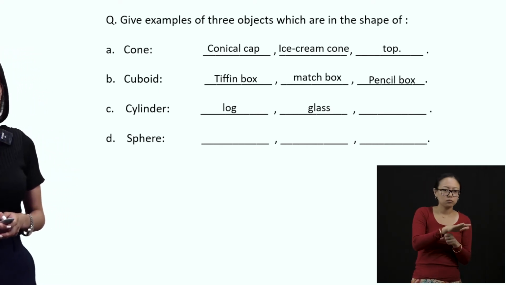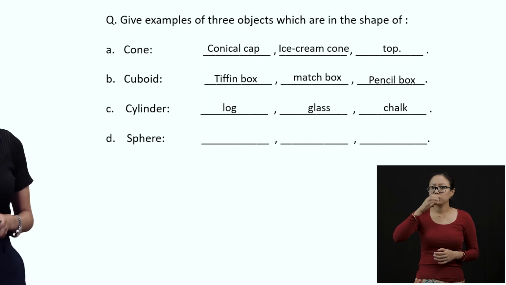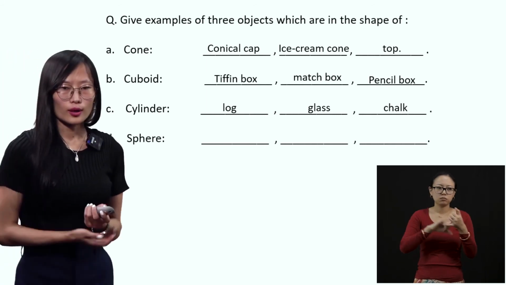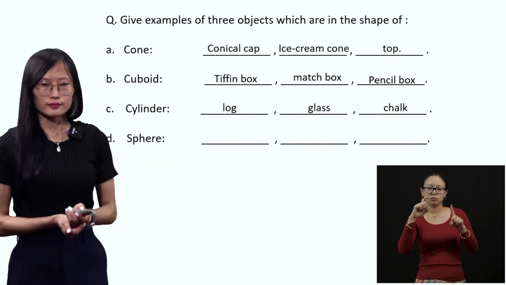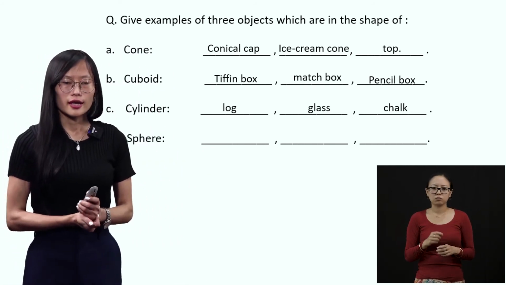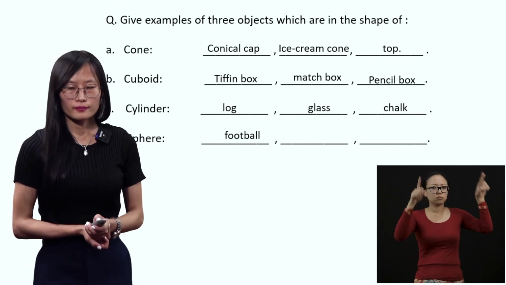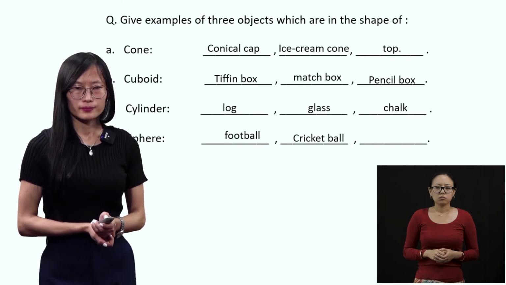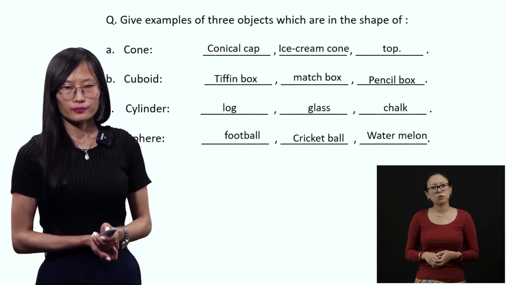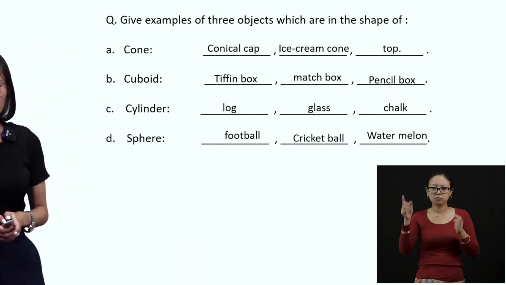Now you have a glass and a jug. Now what are the examples of sphere? Can you tell me? It can be any ball, football, cricket ball, watermelon. Watermelon is also a sphere.